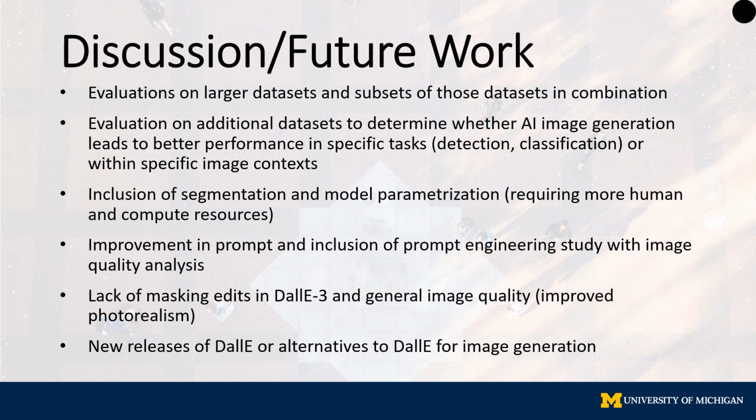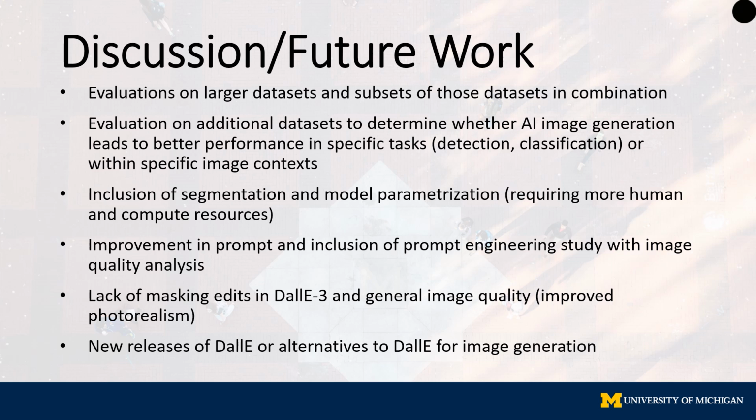Also, evaluating the addition of these images on additional data sets would help understand if it's a detection or classification specific improvement or deterioration, or if it's just specific image context, like Google Street View compared to flowers.